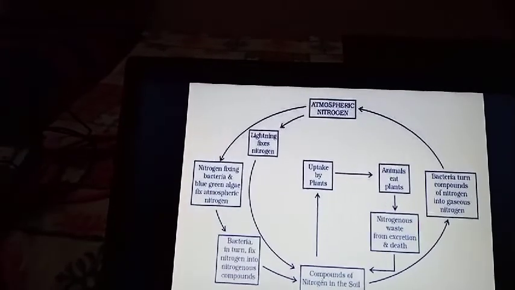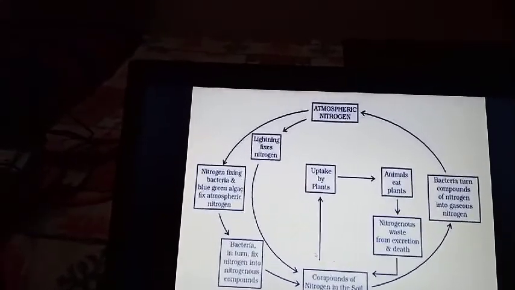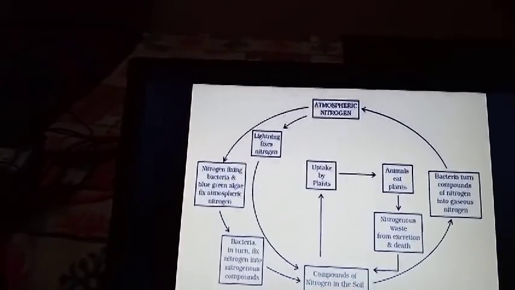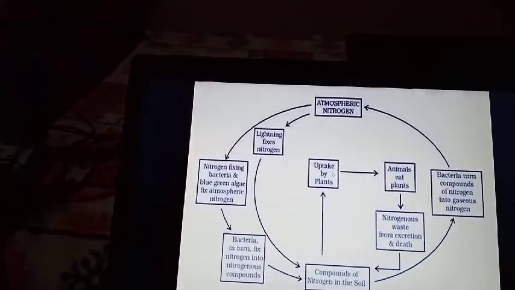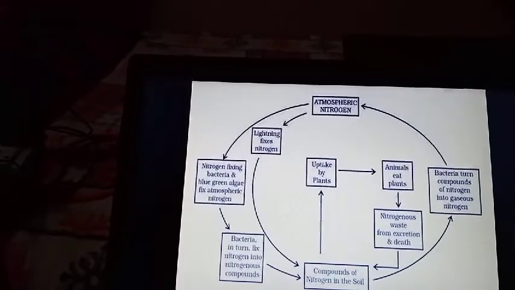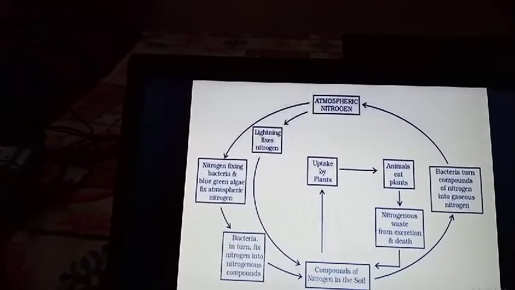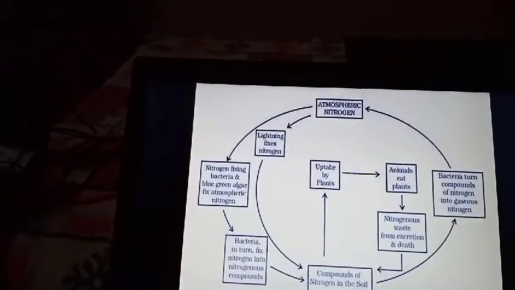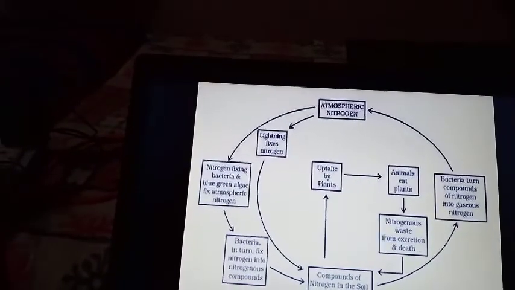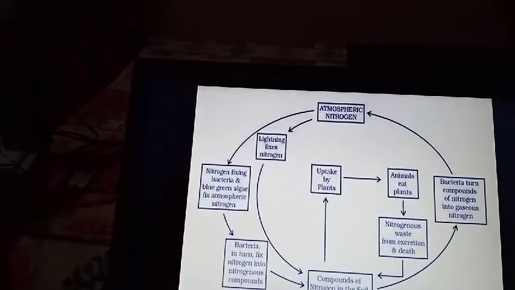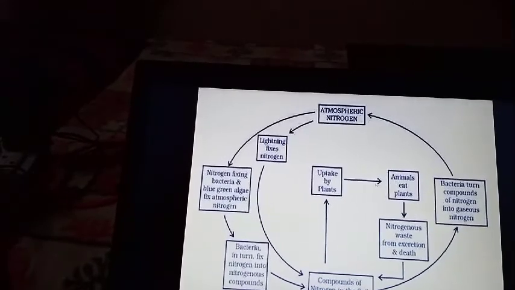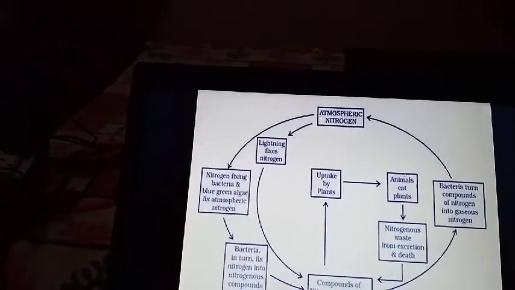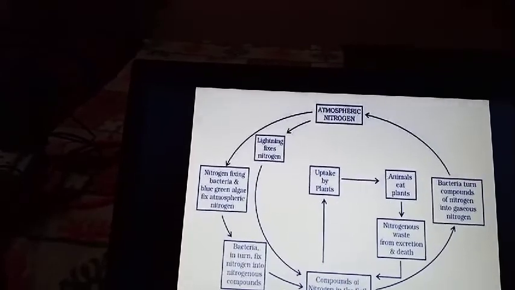These nitrogenous compounds are absorbed by plants, and the plants make nitrogen part of the protein in their body. This protein helps the plants to grow and to repair their wounds and hurts. Then when the animals eat the plants, the protein reaches the animal body. Thus, the nitrogen becomes part of the animal body.